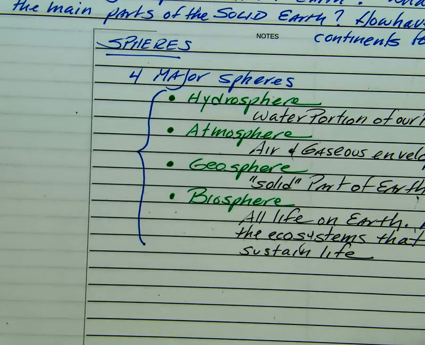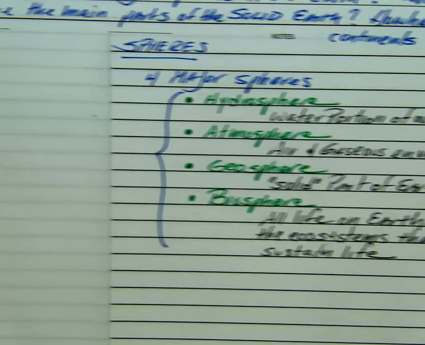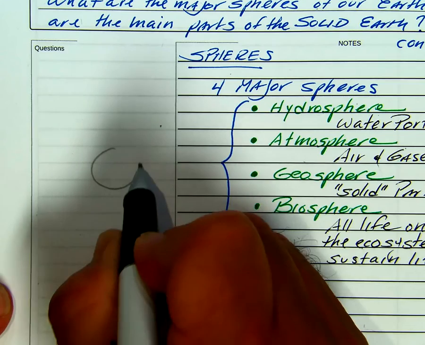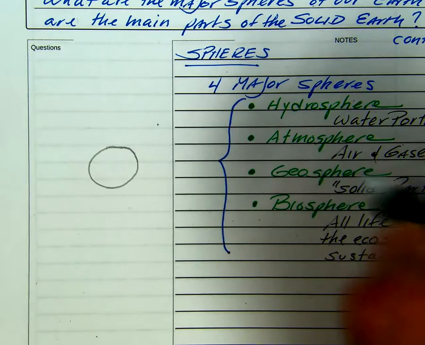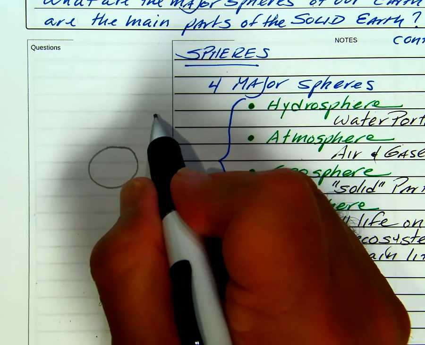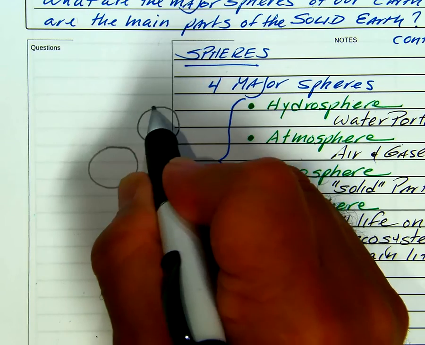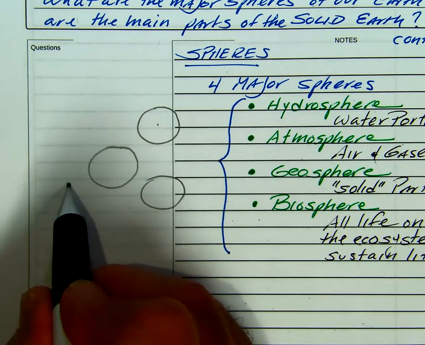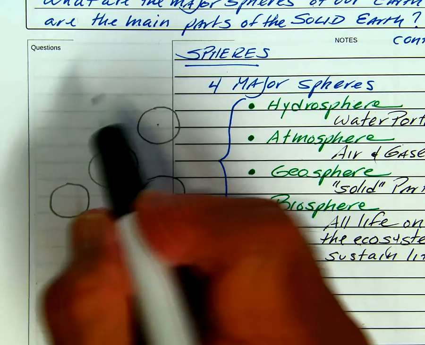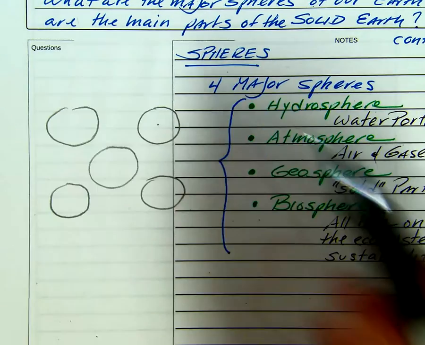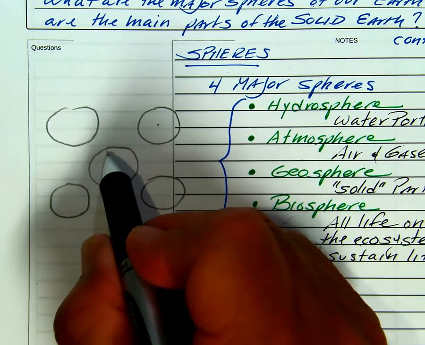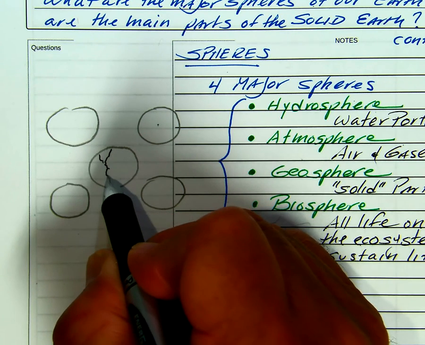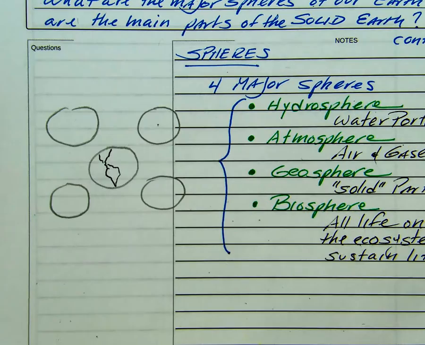And so I'm going to use a pencil to draw on the left-hand side the earth. I'm going to circle the four spheres around it to indicate how they interact. So here is the hydrosphere, the biosphere, the geosphere, and the atmosphere. If I draw here North America, Central America, South America, here's our planet.